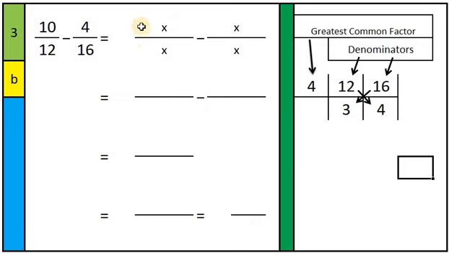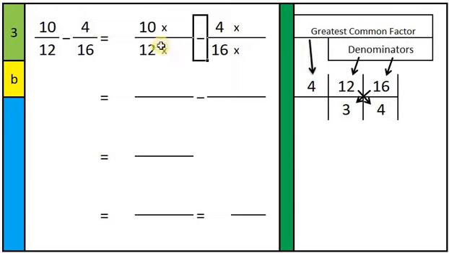Now let's copy the fractions: first fraction, second fraction. The denominator 12 needs to be multiplied with 4, and the numerator must also be multiplied with 4. 16 needs to be multiplied with 3, and the numerator must be the same also.